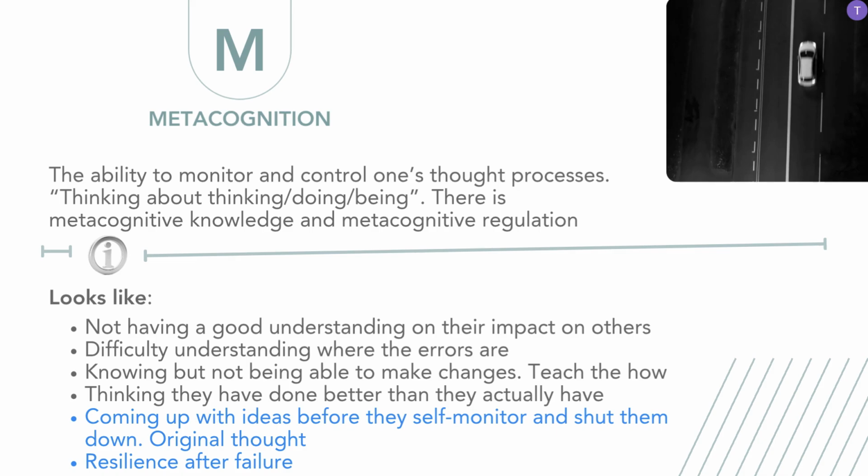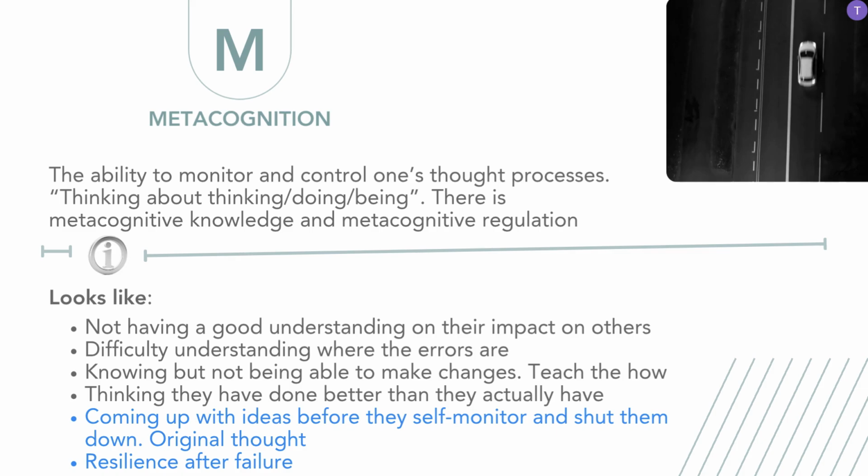Some of the strengths associated with this, and I think this is probably one of the most beautiful things, is that they often come up with ideas before they self-monitor and shut down what they were thinking about. They often have really original thought, and it's such an important thing in our world to nurture this while still developing some of the self-monitoring they need to be successful.